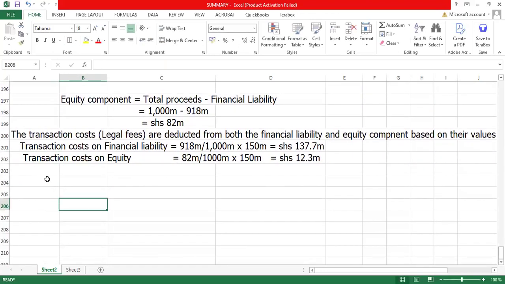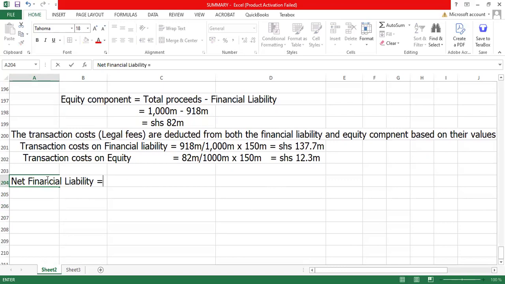So finally, what will be your net financial liability? It will be the liability initially, without the transaction cost, that is 918 million, then minus the transaction cost of 137.7 million. And how much do you get? That is 78.3 million.